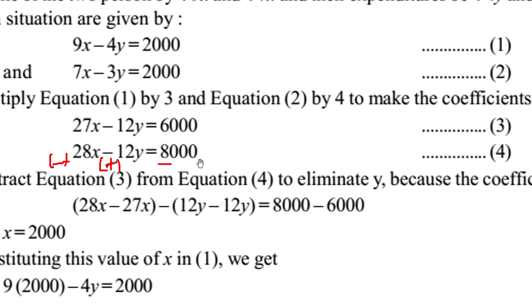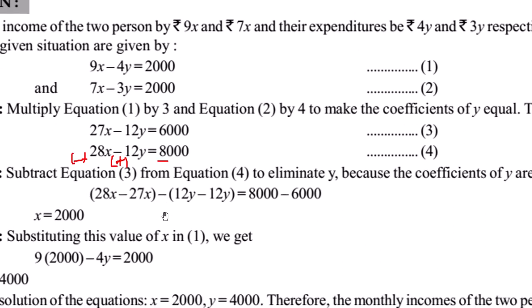First equation multiplied by 3, let us name it as the third equation. Second equation multiplied by 4, let us name it as the fourth equation. In the fourth equation, the coefficient of x is more. So fourth equation minus third equation. Let's subtract all the terms: 28x minus 27x minus 12y minus 12y equals 8,000 minus 6,000.